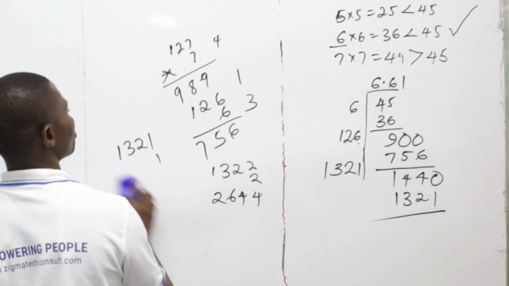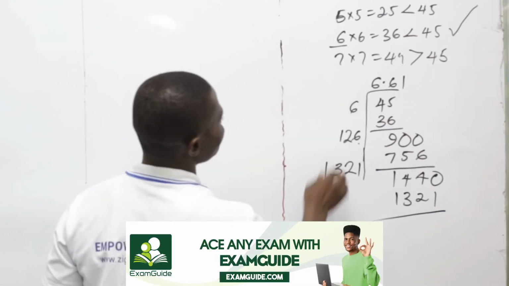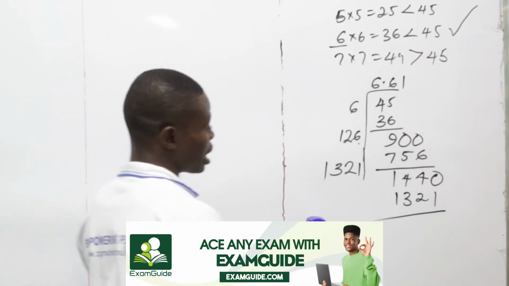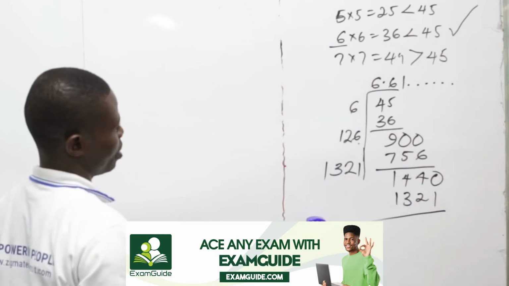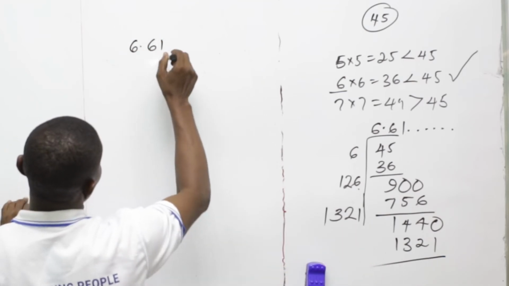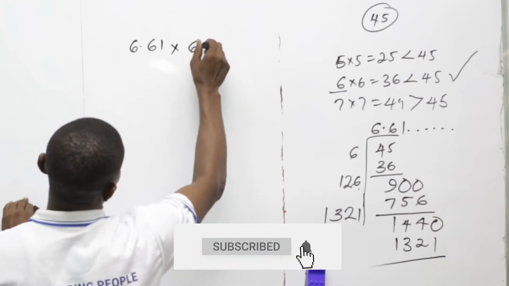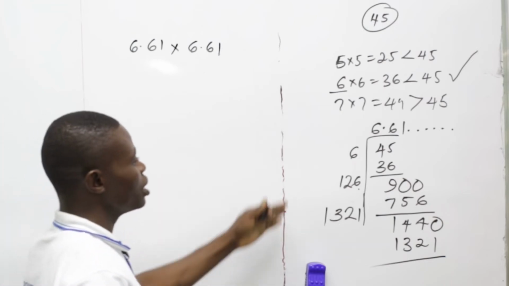Now, in assumption for the square root of 45, let's assume it is 6.61. Other numbers will follow. Now, 6.61 multiplied by 6.61. Remember, the opposite of square root is what?